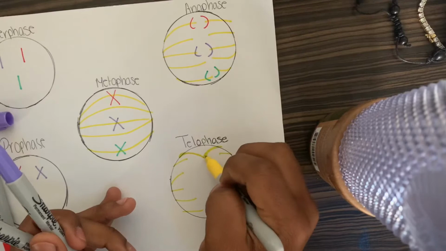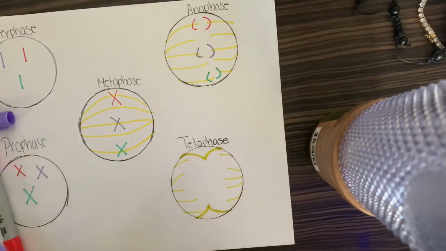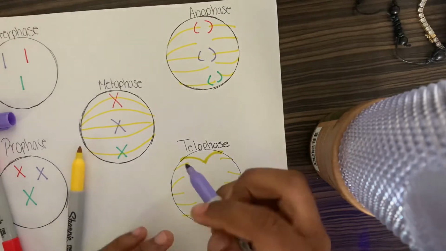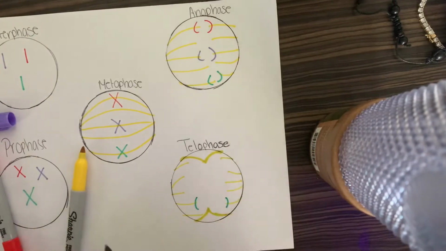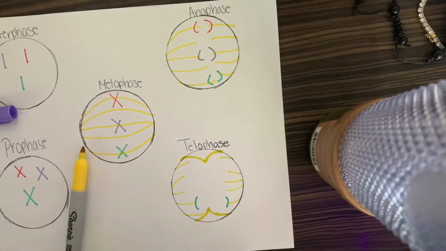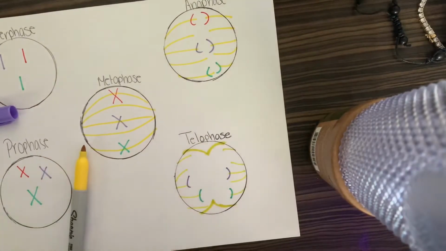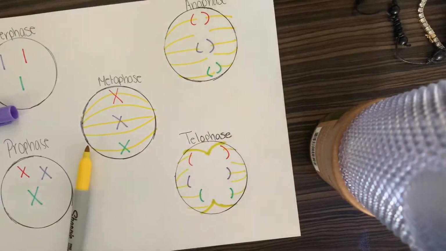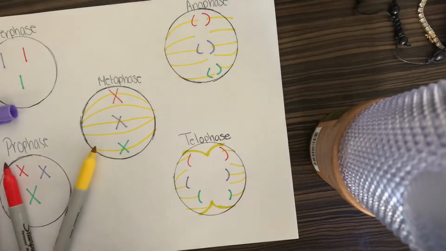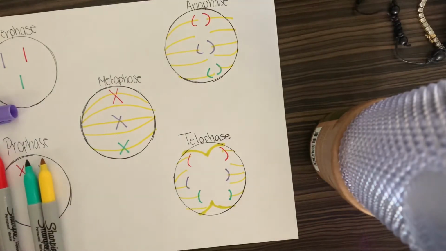So during this phase is when this starts to separate and the chromosomes are pulled even further into their own different cells. And then after telophase and cytokinesis, you have your separate cells.